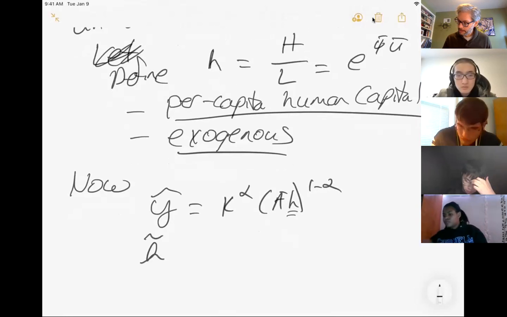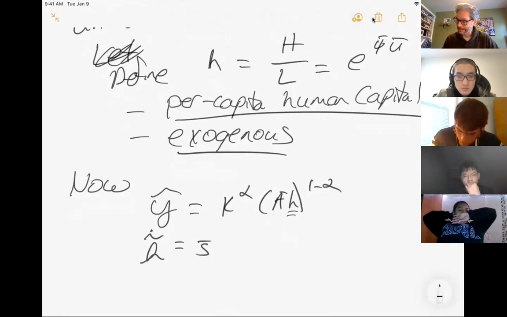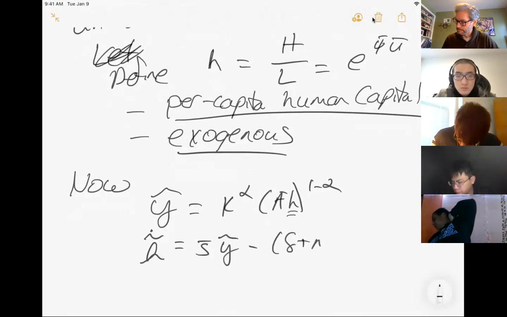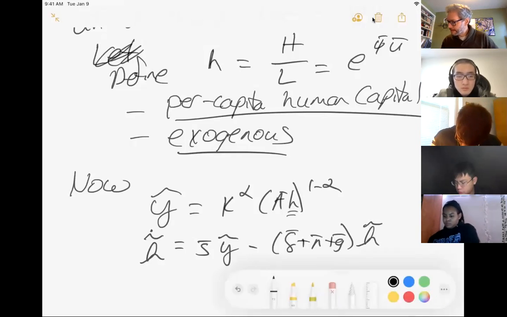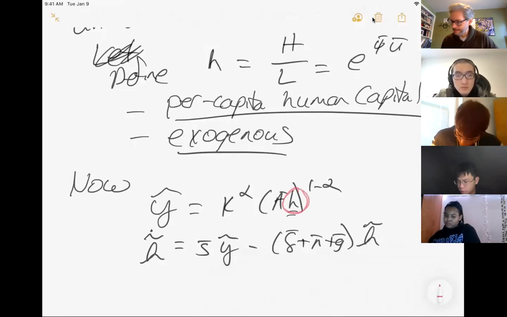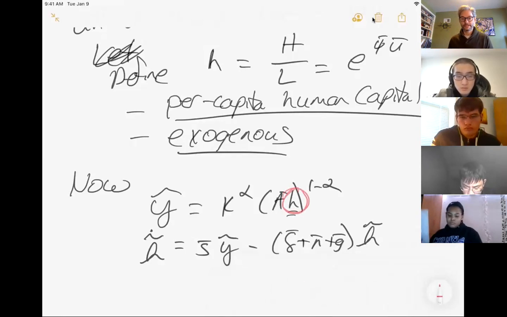And our capital evolution equation, once again, looks exactly the same. The only thing that is different here, I'll just highlight that, is that we have this H in here now. We have this exogenous factor that allows us to say that when a country has more education, it's more productive.